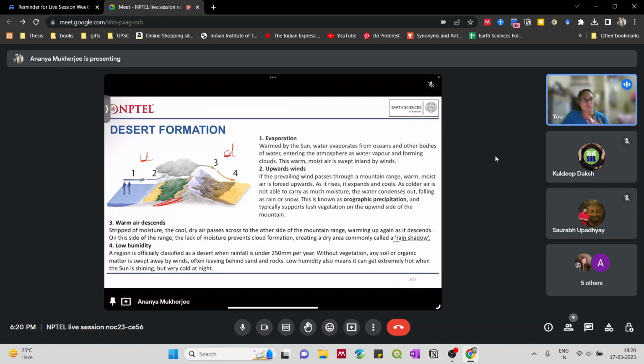You will not have much organic matter in the soil, so that is not going to support vegetation or any kind of livelihood. Livelihoods will be difficult in these places. What you are left with are sand and rocks.